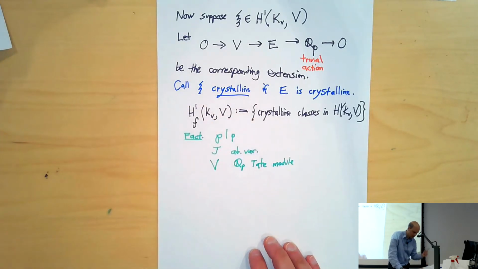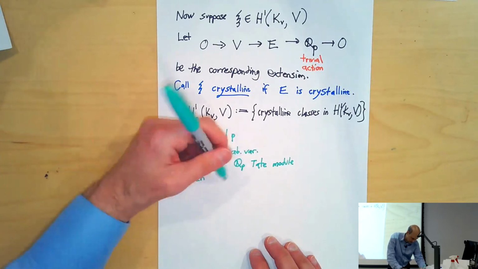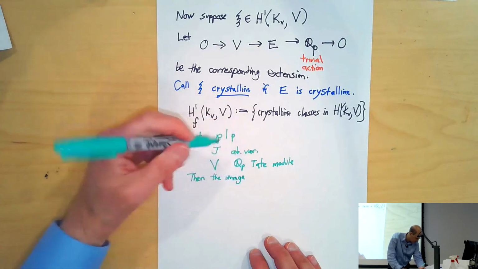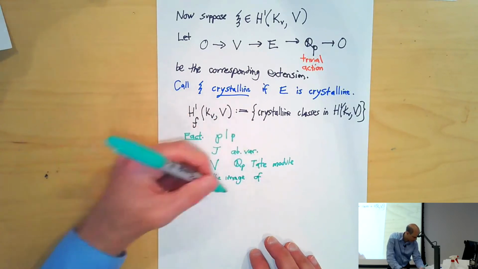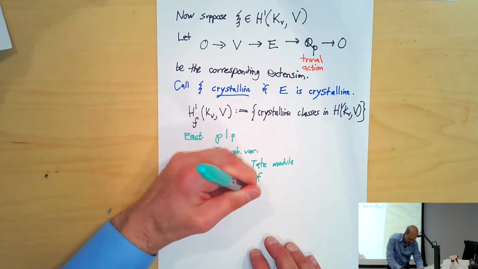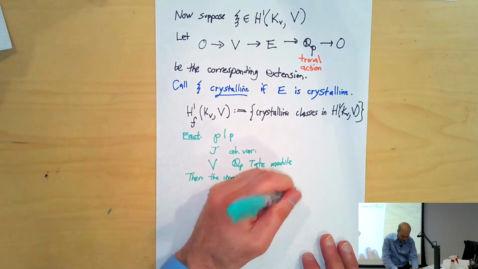and then you can look at the image of this descent map, or the Kummer map, whatever you want to call it, the image of the map where you had the local points, made into a Q_p vector space, going into the cohomology.